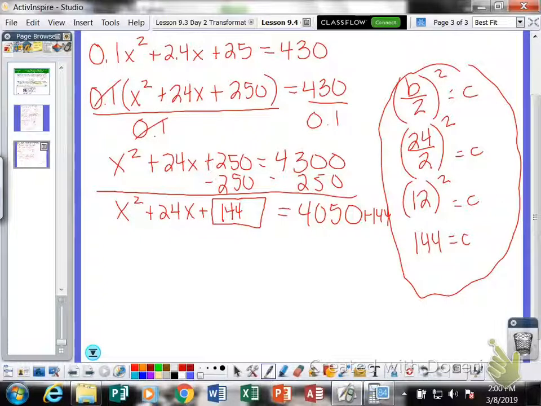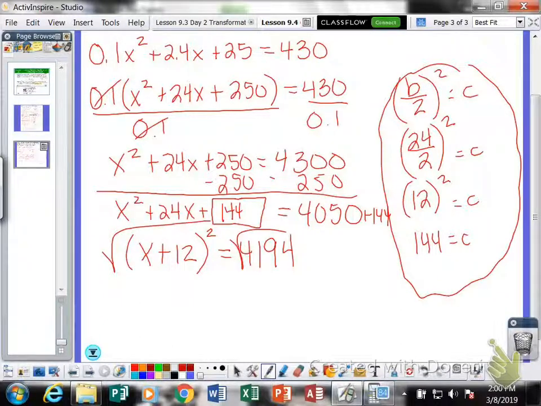So now this factors into x plus 12. It's plus this time because look at the number inside the parentheses, it's a positive 12. So x plus 12 quantity squared equals 4,050 plus 144, and that's 4,194.